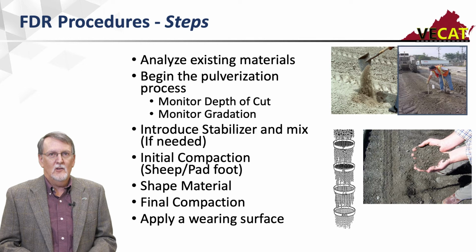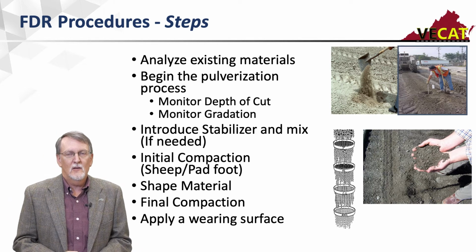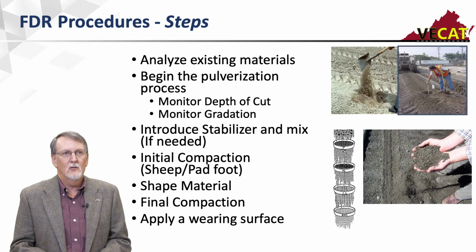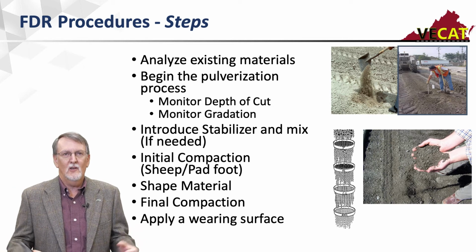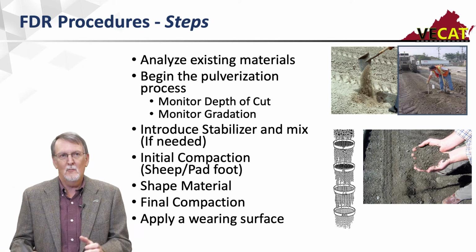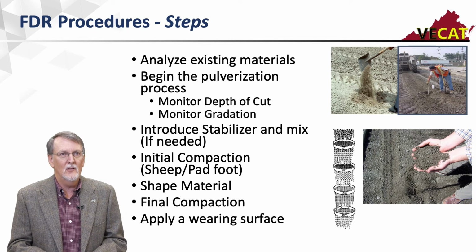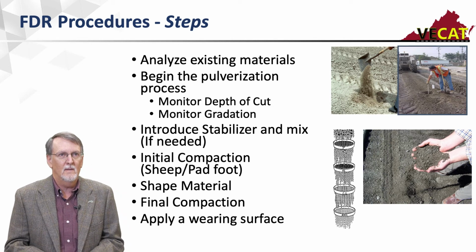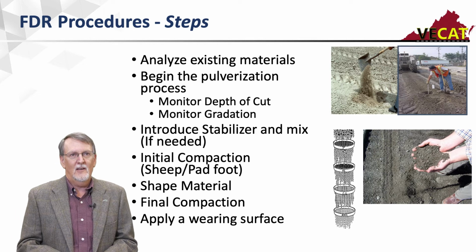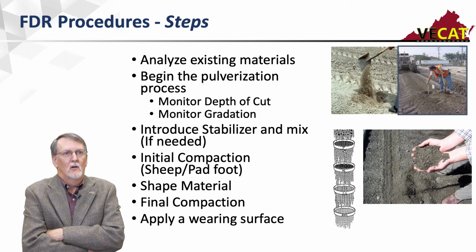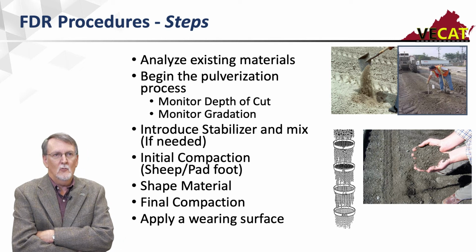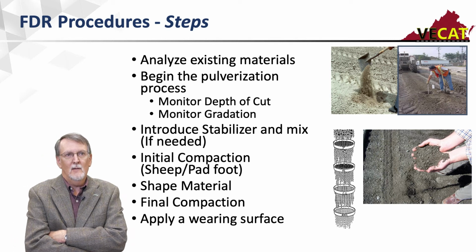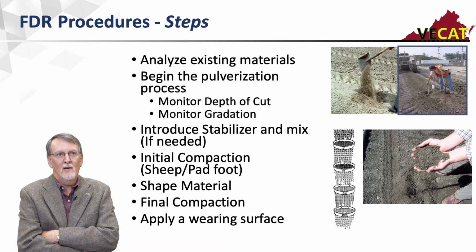As far as the processes or the steps when I want to do an FDR project, well, the first thing I need to do is go out and analyze my existing materials. You shouldn't just blanket say, I'm going to do FDR with this stabilizing agent or that one. It should be based on the materials that you're going to be using. I'm going to begin the process with the pulverization process, and while I'm doing that, I want to monitor the depth of cut, and I want to monitor the gradation.